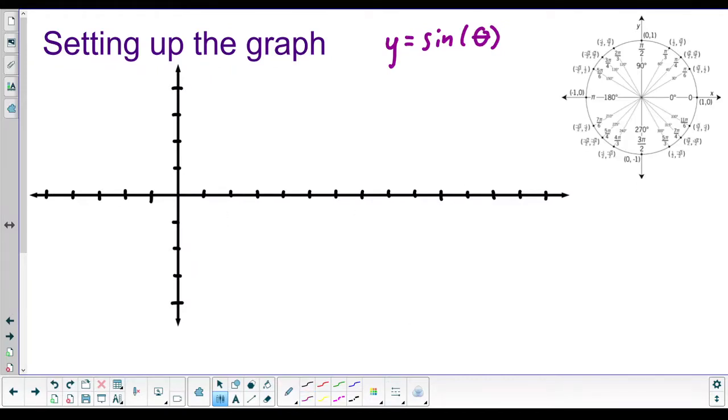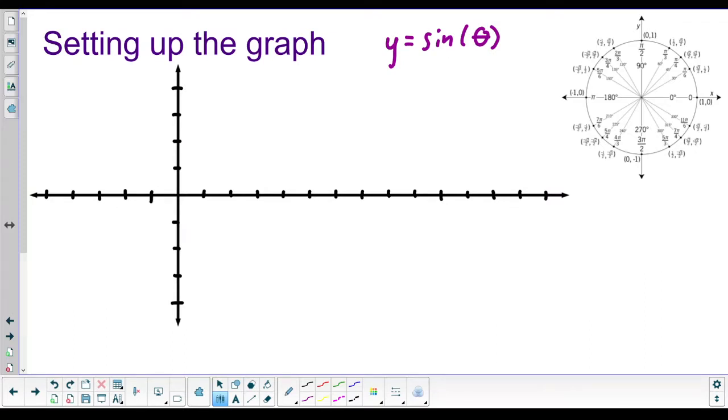We'll start by looking at y equals sine of theta. We're going to change this a little bit just so it makes sense. Normally we have y equals something with an x in it, but for some reason, students get confused as soon as we start graphing sines and cosines.